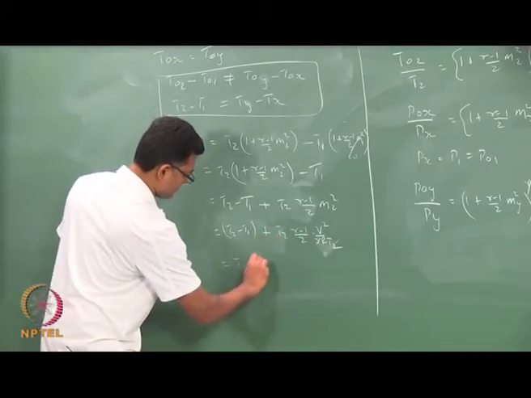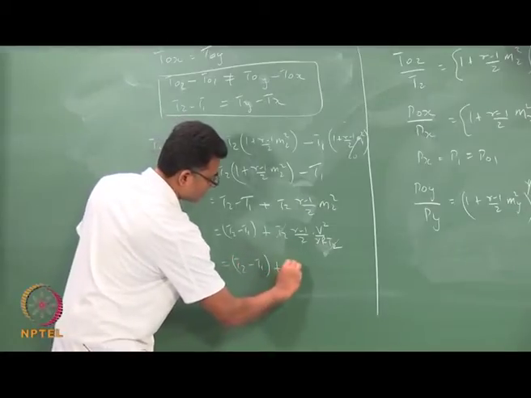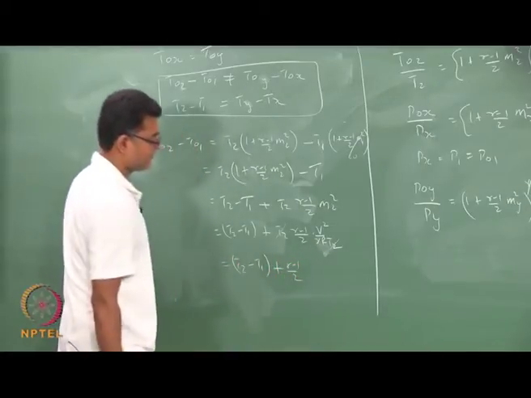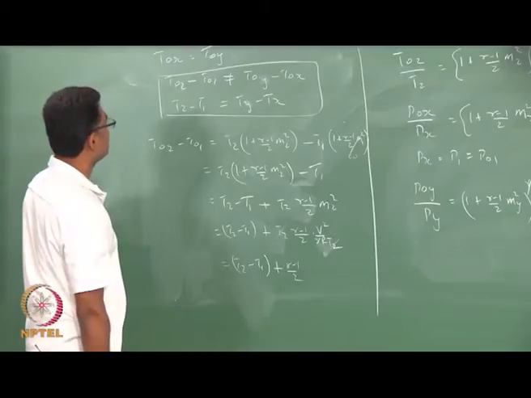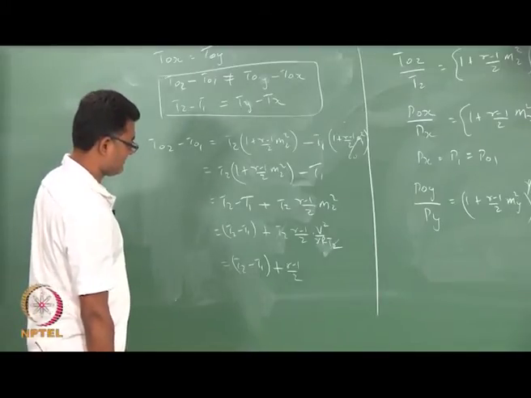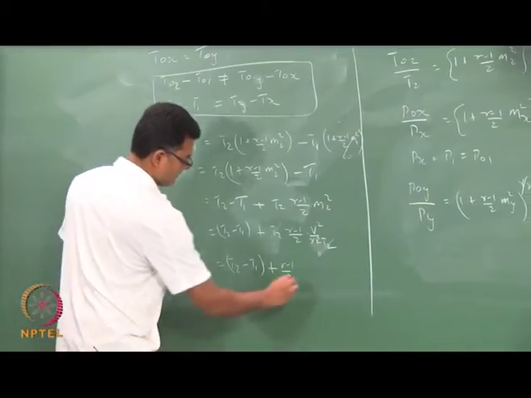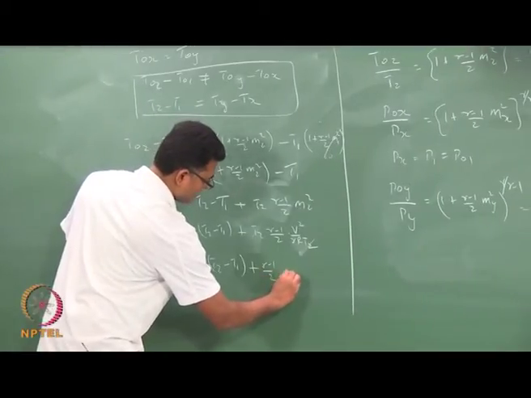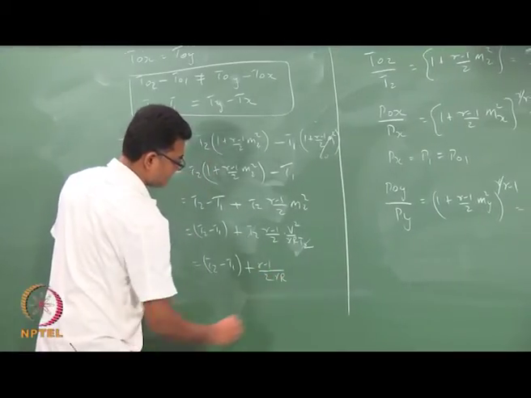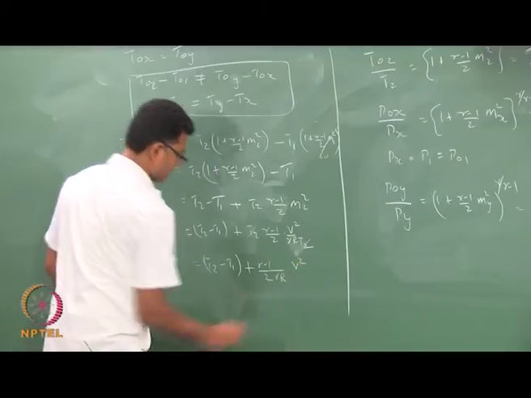So, this would be T2 minus T1 plus gamma minus 1 by 2 into R gamma into V2 square.